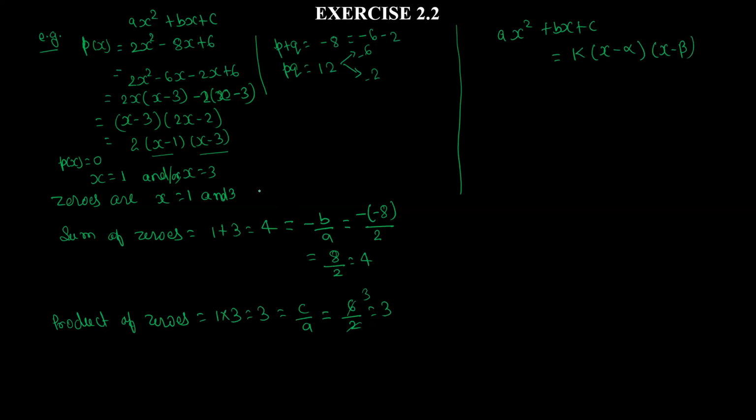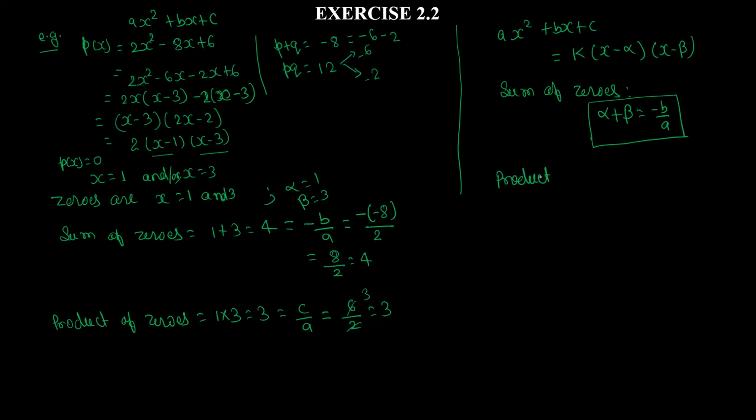In our case, alpha we can consider as 1, beta we can consider as 3, and the k value is equal to 2. So finally, what you need to remember is that the sum of zeros, alpha plus beta, is equal to minus b by a. B is the coefficient of x, and a is the coefficient of x squared.